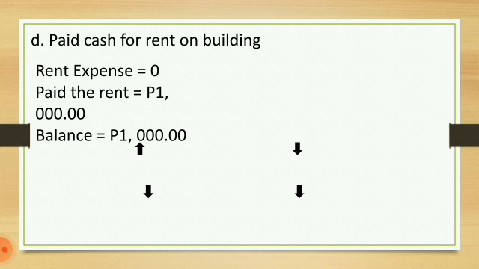So let's put it this way. Your rent expense balance is 0. But after incurring the rent expense for the month, let us say for the month of November, and the monthly rent is 1,000 pesos, from 0 you had a 1,000 rent expense, so your balance becomes 1,000.